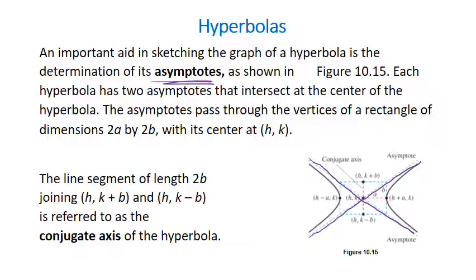When you graph these, what I always tell my students to do is first find the center, find the vertices, and then find these other points, which is a distance of B from the vertex, and you make this little square. When you make the square, you connect the corners for the asymptotes. Okay, and this information here kind of helps you with that.